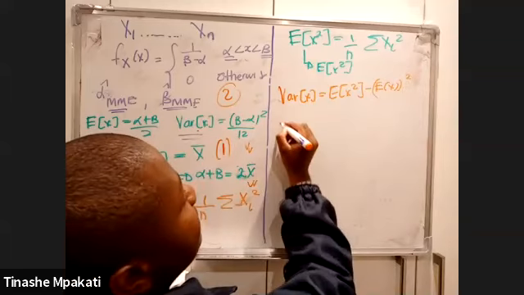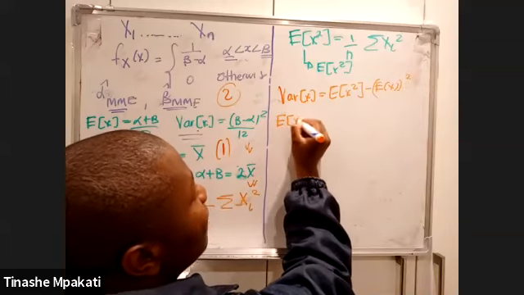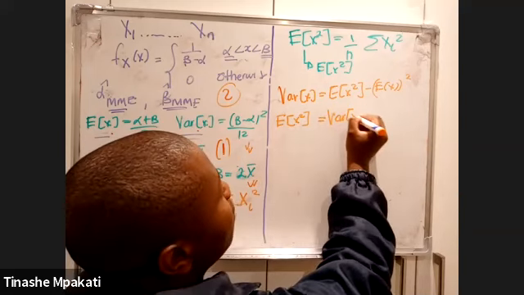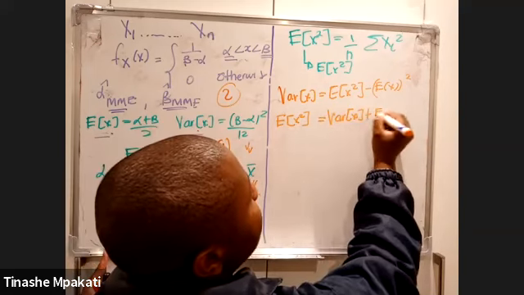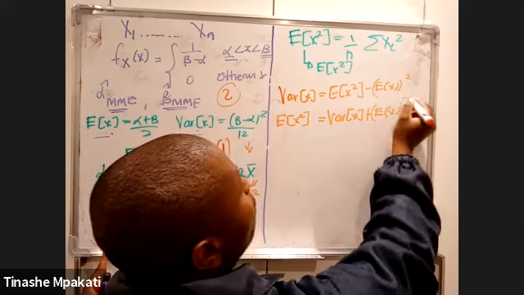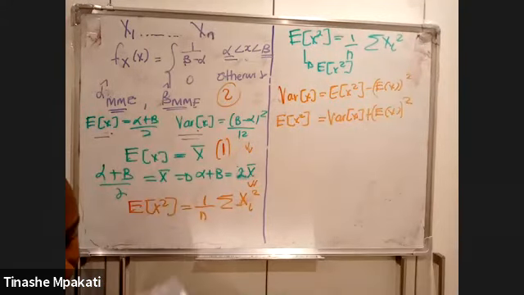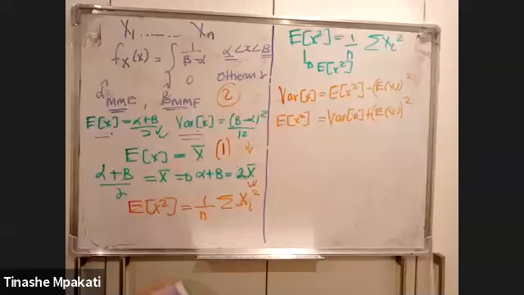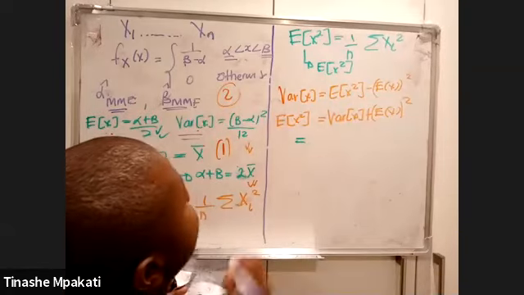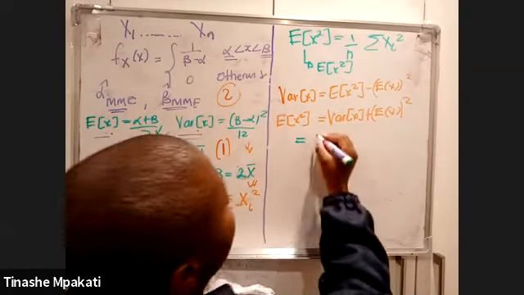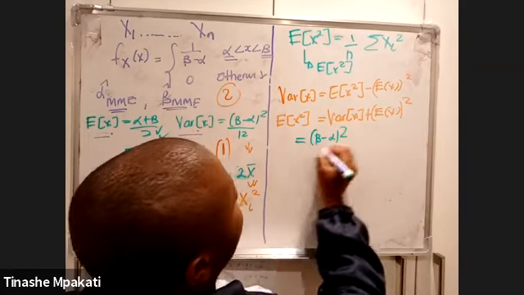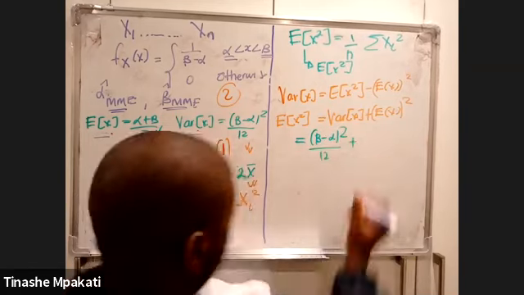Which means the expectation of x squared we're interested in is simply equal to the variance of x plus the expectation of x all squared. The reason we do this is because these terms are given, and it's now a matter of substituting, where we're going to have beta minus alpha all squared over 12 plus the squared expectation.